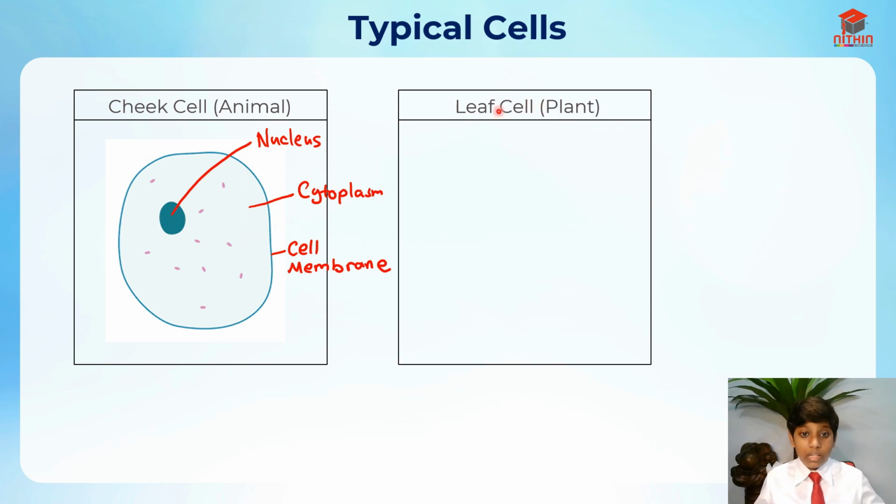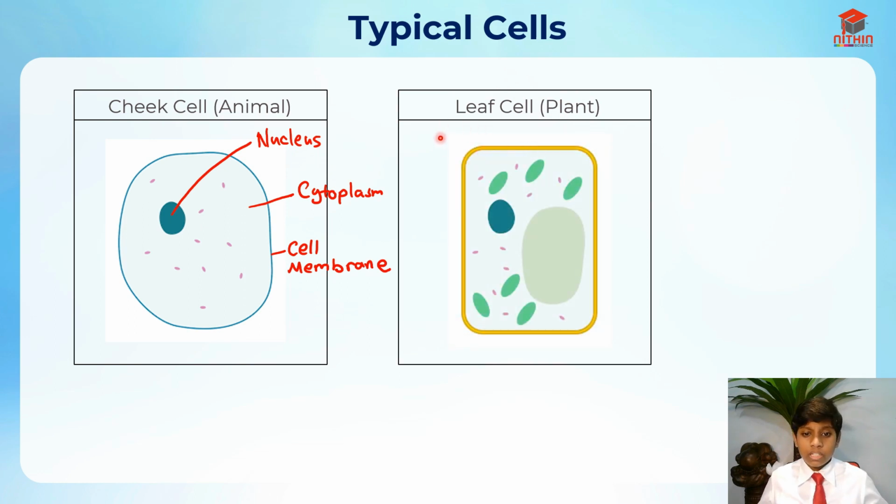Now let's move on to the leaf cell from the plant. So this is how a leaf cell looks like. The leaf cell actually has two extra parts, and one of the parts can be very confusing. Let me go through the confusing part first.